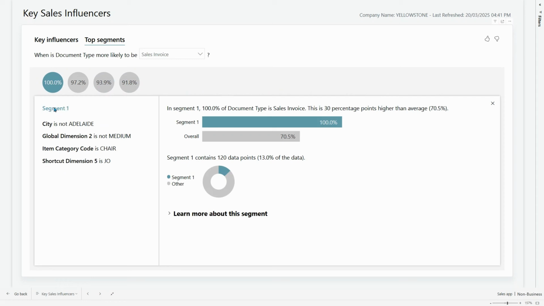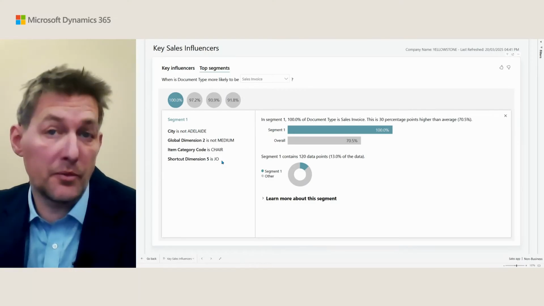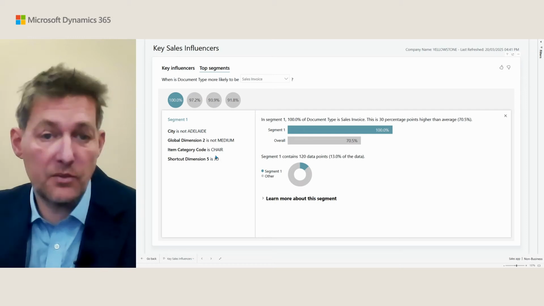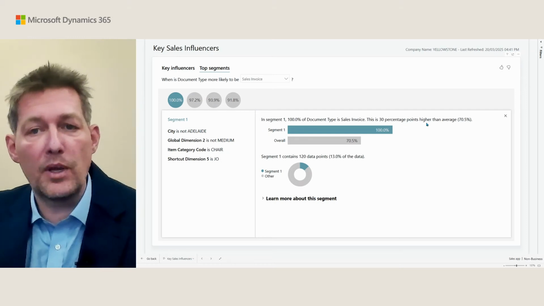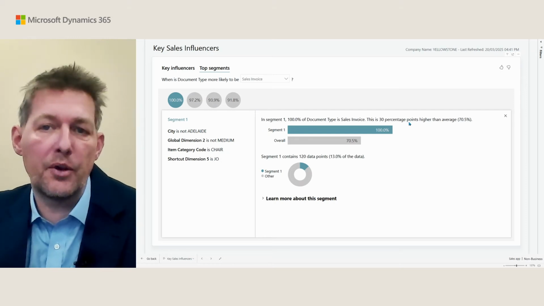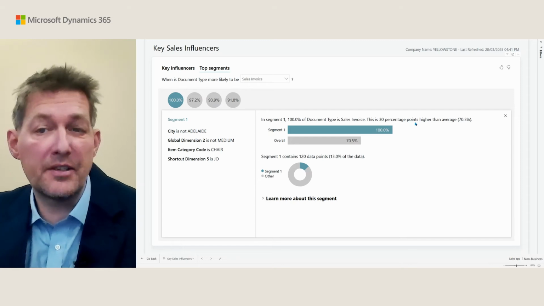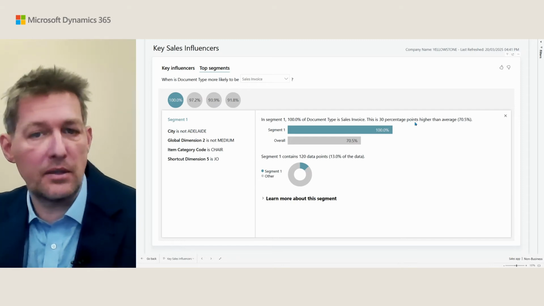The algorithm cannot give it a real name, but if we are outside Adelaide, the global dimension is outside medium, and we are selling chairs, and especially if Jim is the salesperson, this also confirms the other analysis that Jim is really killing it. Then we get 30 percentage points higher sales than on average.